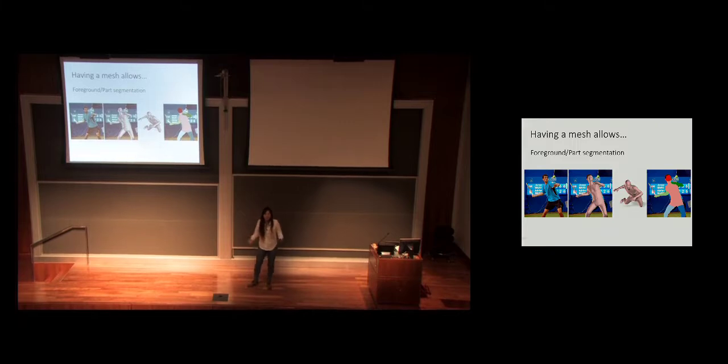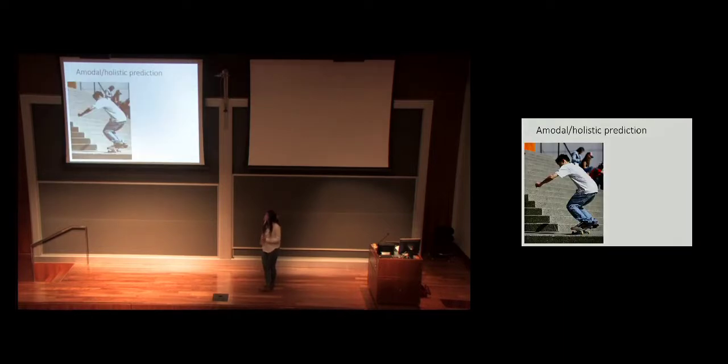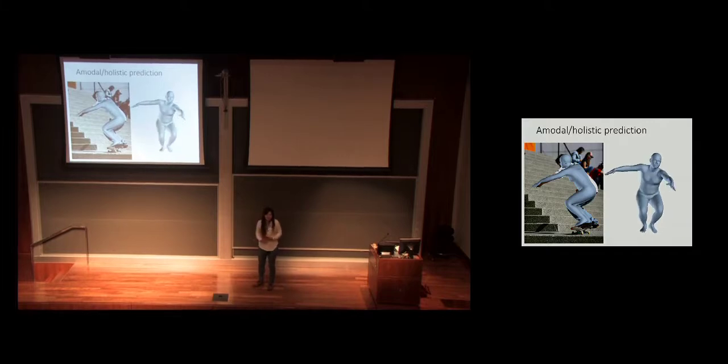You have a shape, but you don't know what that means. Here, you know exactly what the vertex is for each image. It also has a lot of graphics uses. And another nice thing is that because I'm always outputting a whole mesh, it's by definition amodal or holistic, so we can infer about the parts that we don't see.